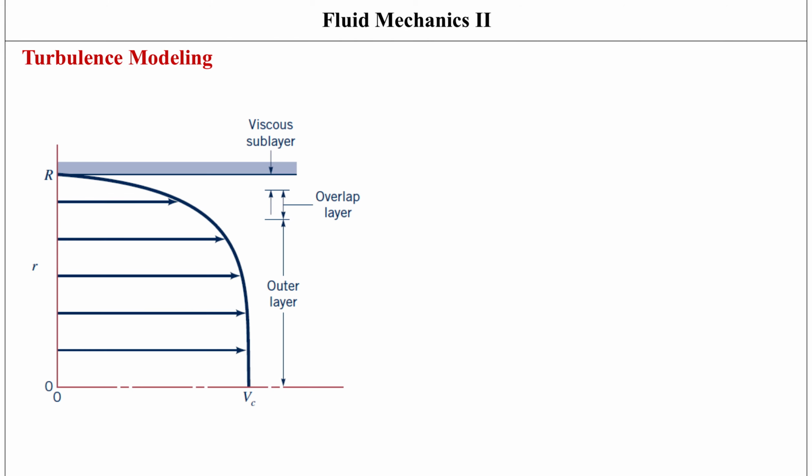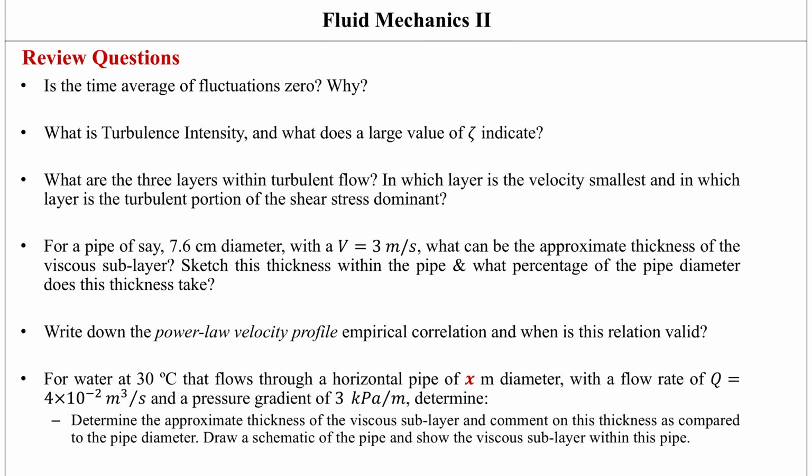Now I'm going to leave you with a few review questions that you can go through to make your understanding of what you've looked at in these two lectures a bit better.